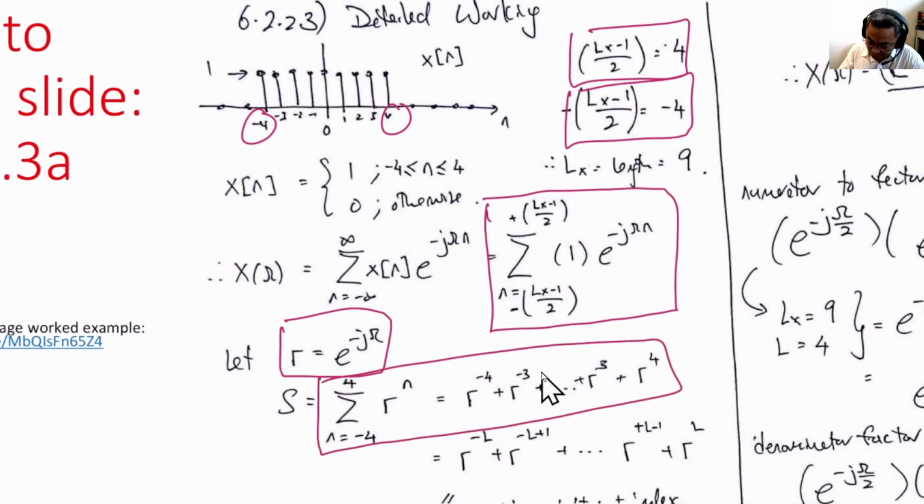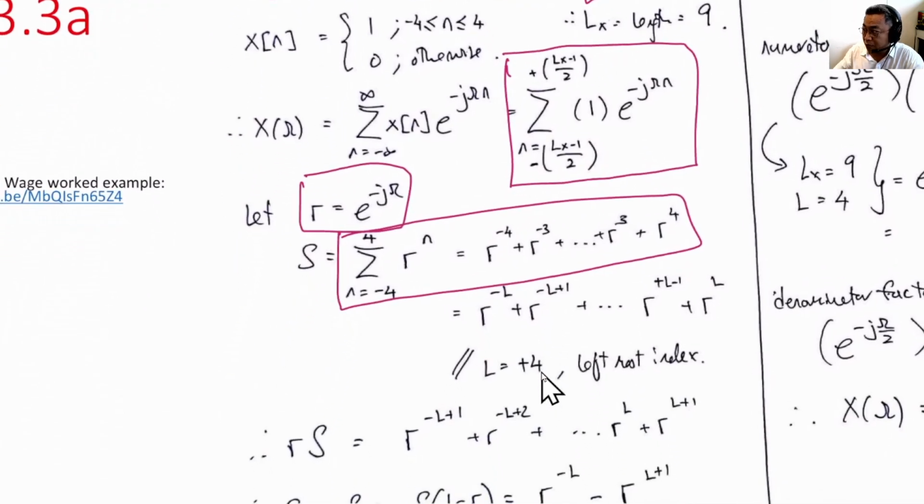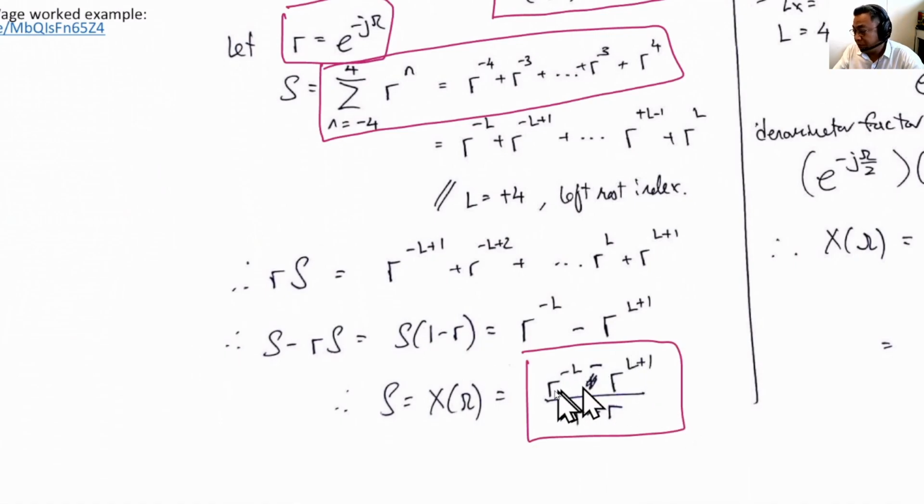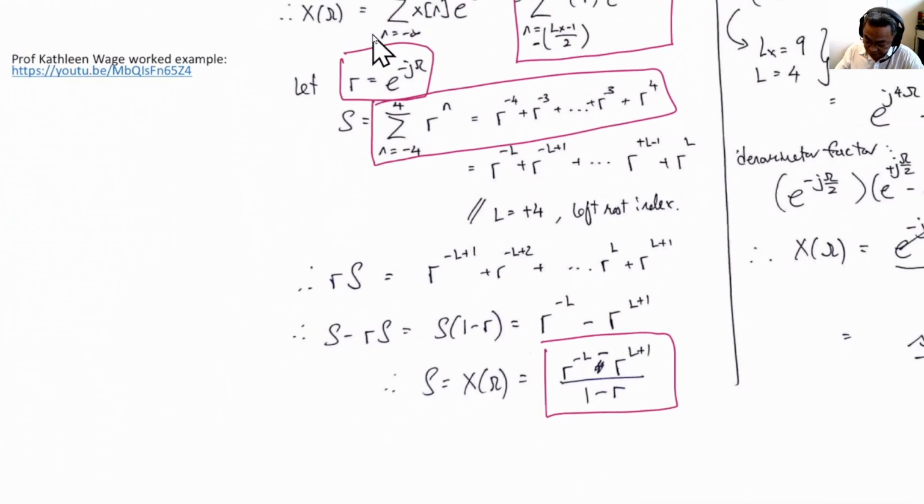So now it becomes a little bit simpler, and you begin to manipulate this sum. Out comes finally this solution, which is r^L, the starting point, minus r^(L+1), the ending point, divided by 1 minus r, where r is e^(-jω).